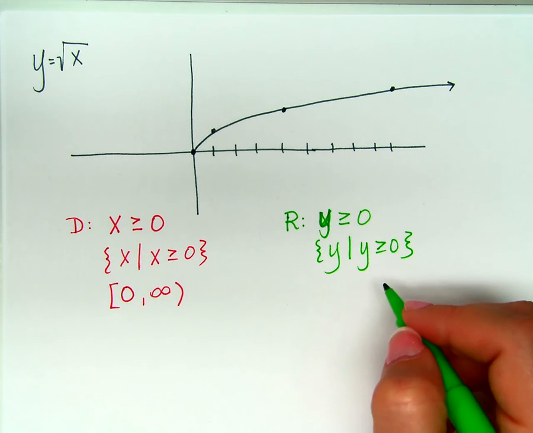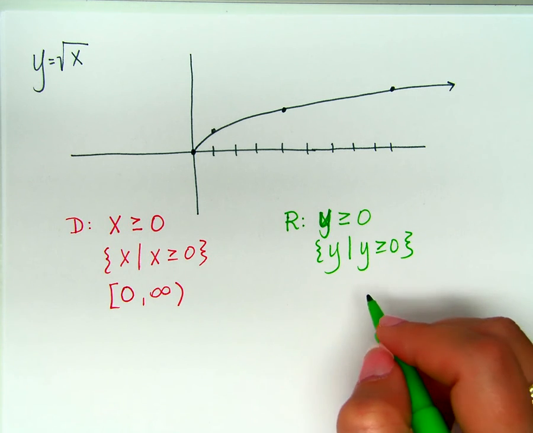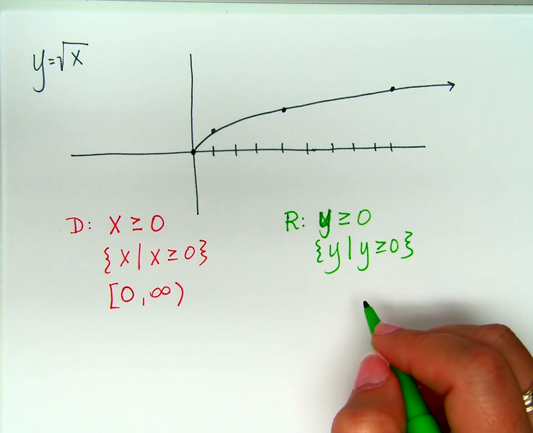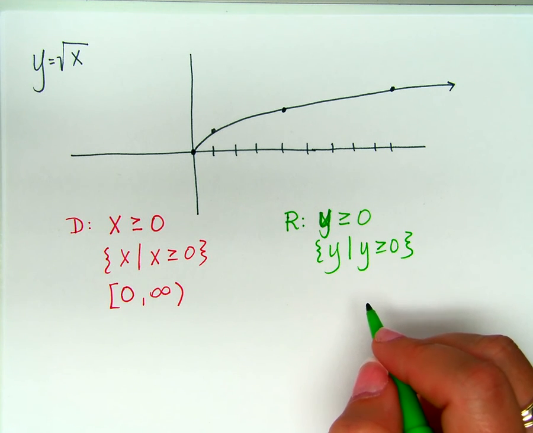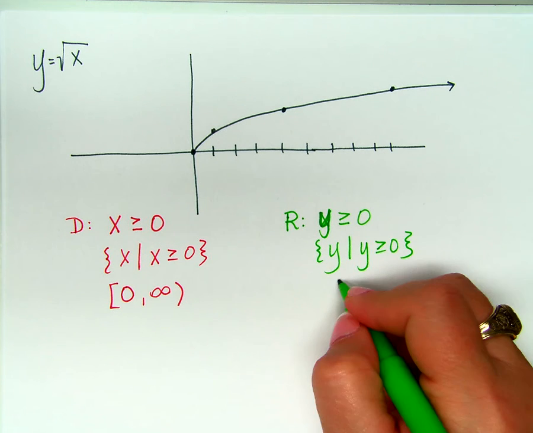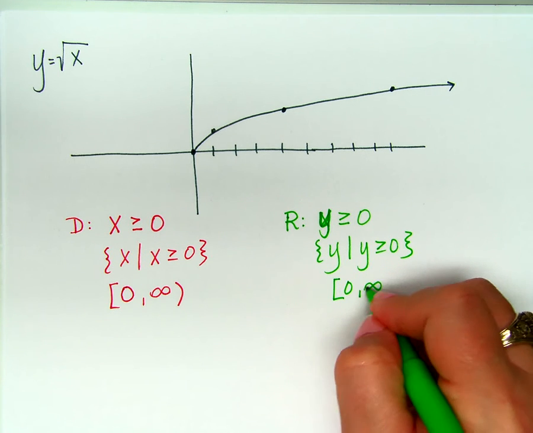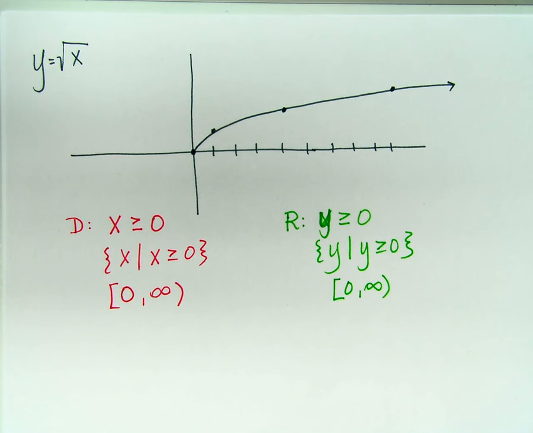Which one is right? Is it infinity to 0 or 0 to infinity? Don't we always do least to greatest? What's least? 0 or infinity? 0, right? So 0 to infinity. Everybody okay with that?